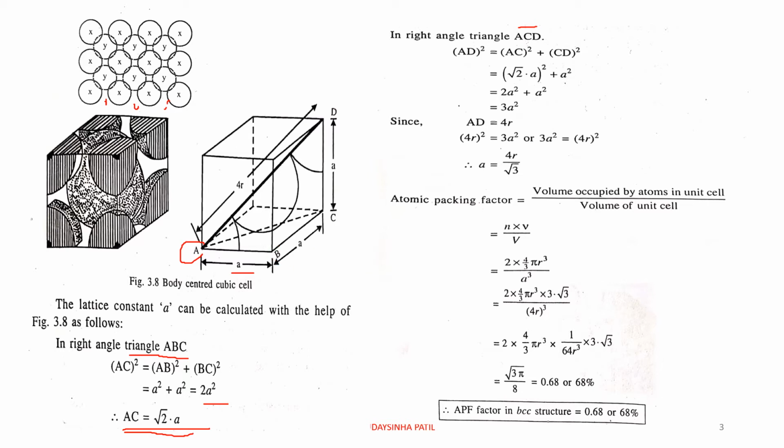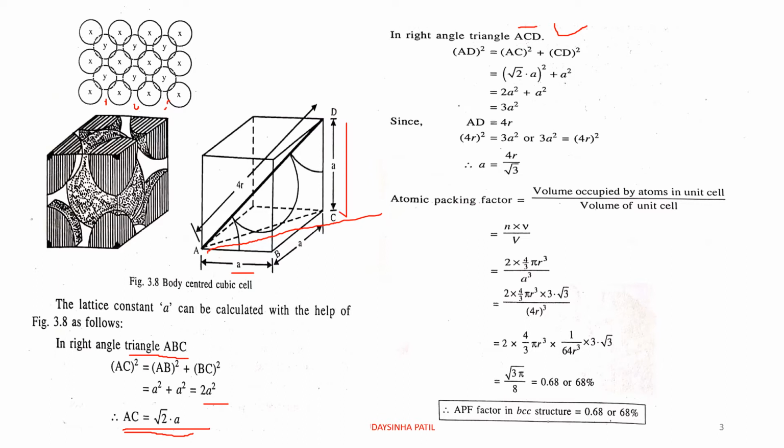Therefore, we now study this right angle triangle, and again apply the Pythagoras theorem. Now the sides are AC and CD.